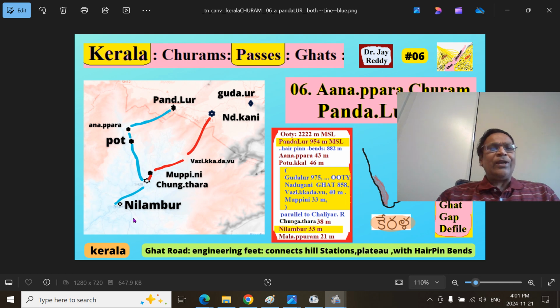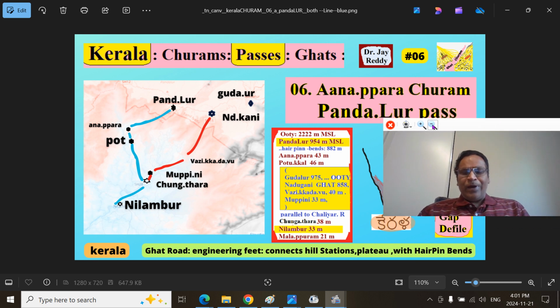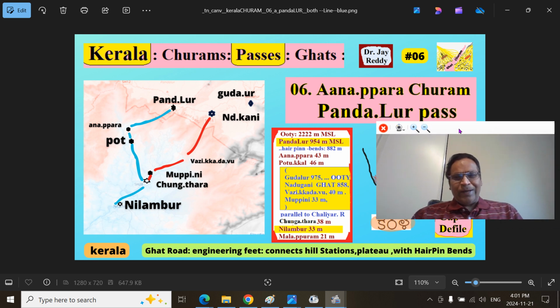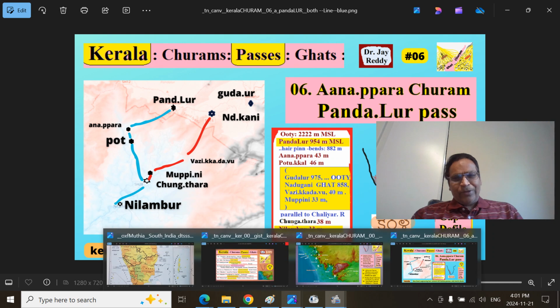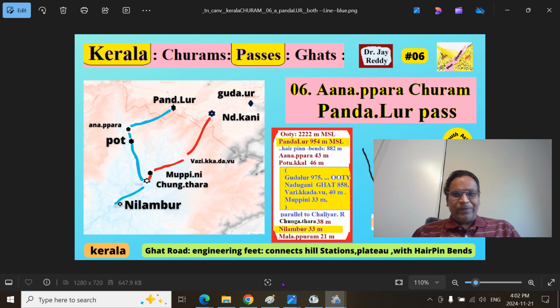It is named after a prominent local town. Mitranam, I will talk about the Churam first, later I will take you to different maps to show you the geographical and physiographical content of the Churam Pass for your benefit.